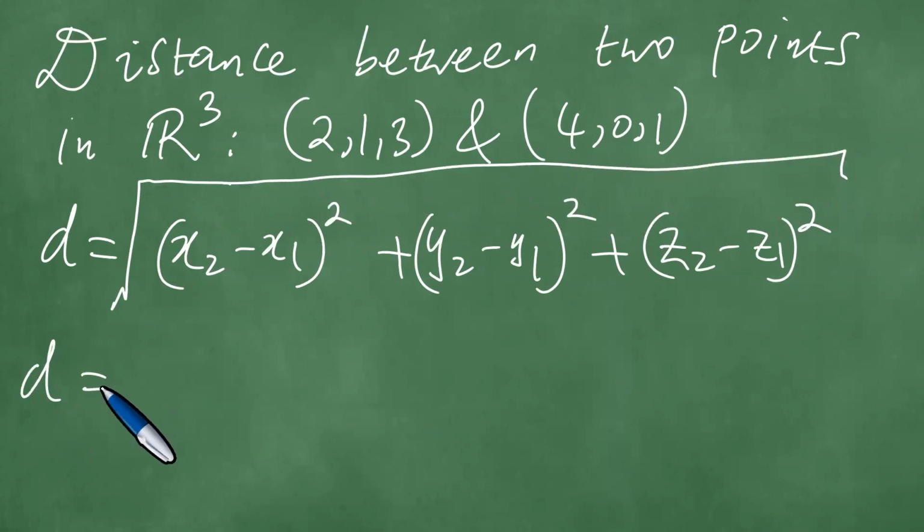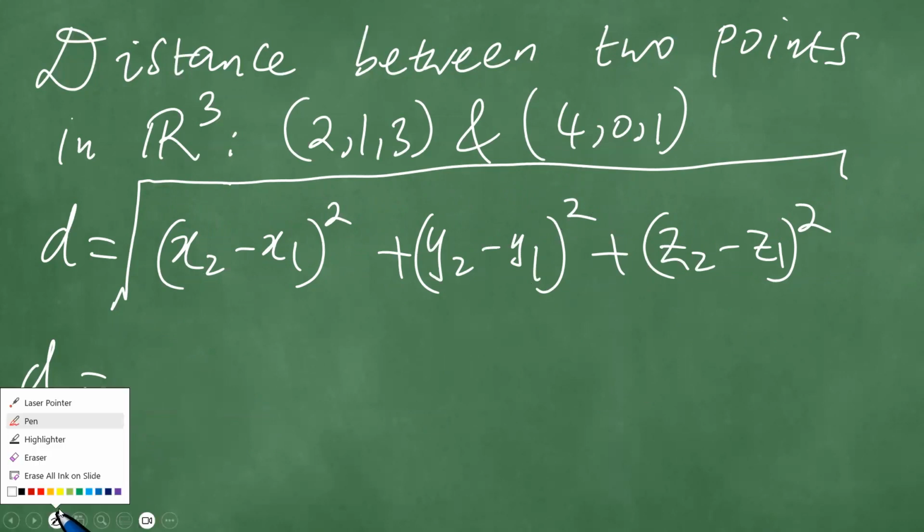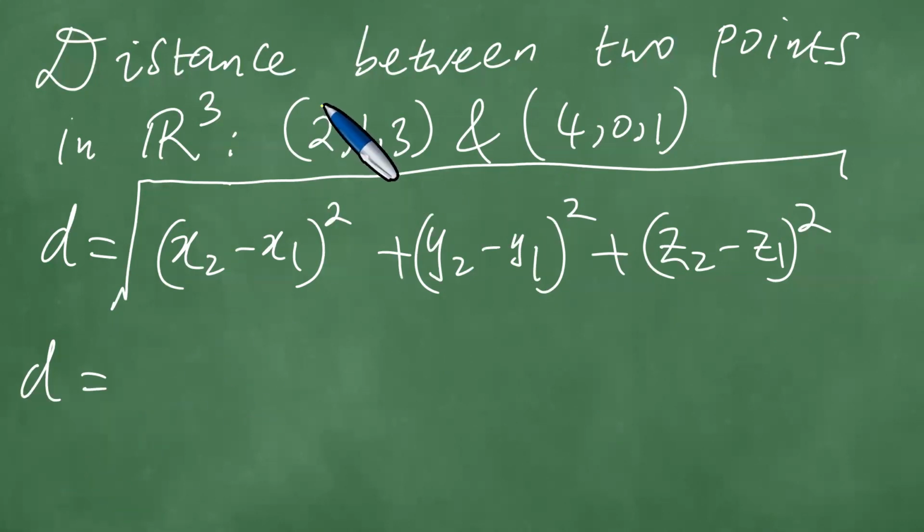Right, and so now we're going to come here and say this one here is x1, y1, z1, and this is x2, y2, z2.